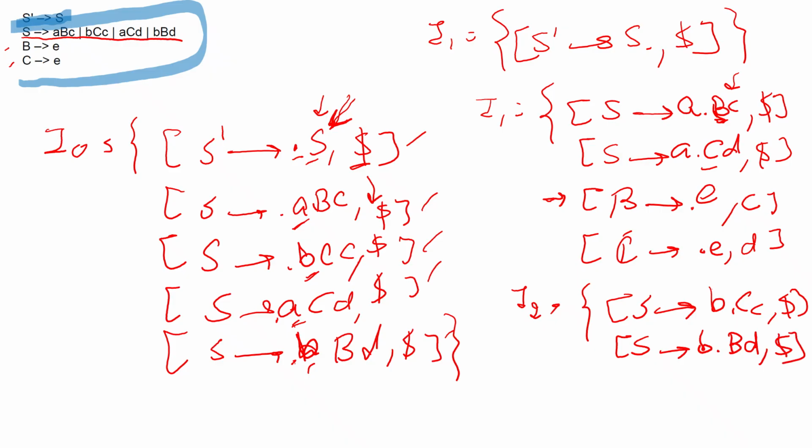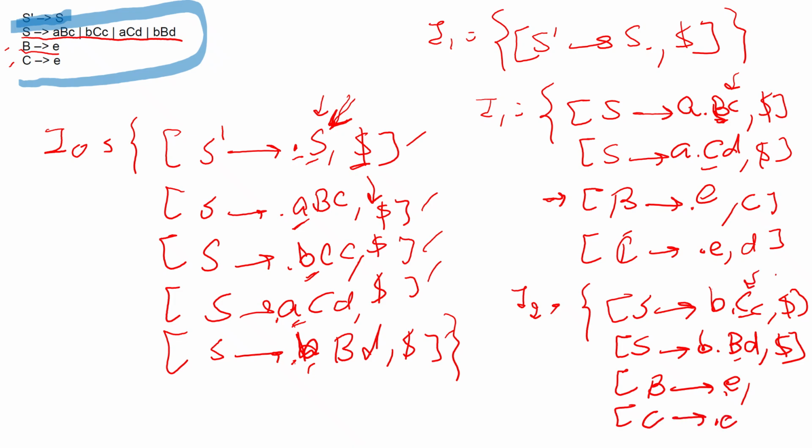So now, again, C and B are non-terminals. We have to add all the productions that have B and C all together. So B giving us E, this one, and the second one, C giving us also E.